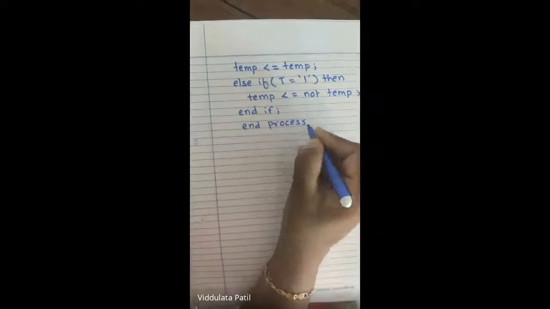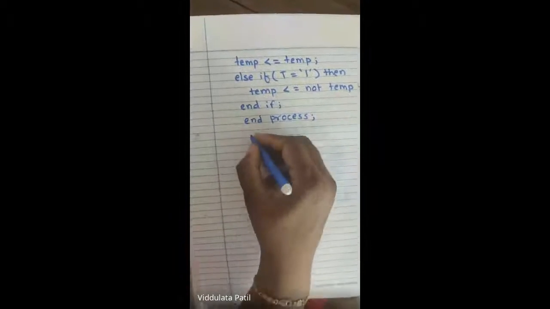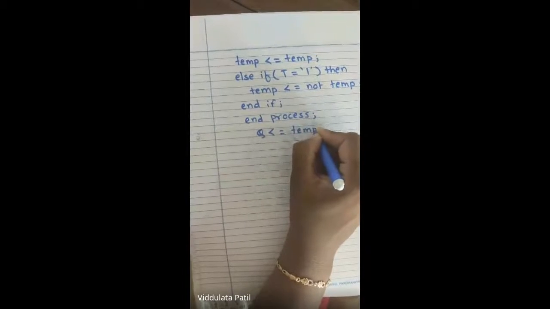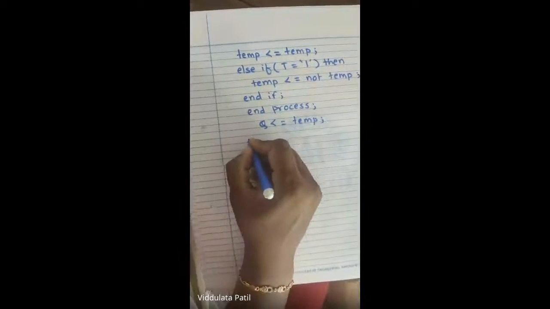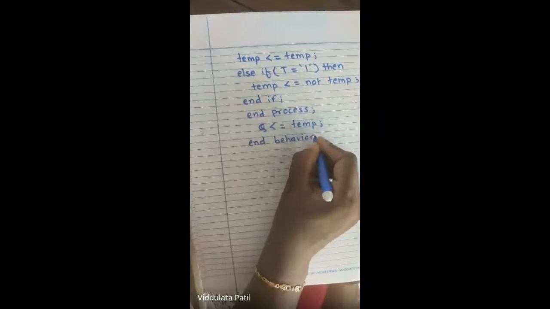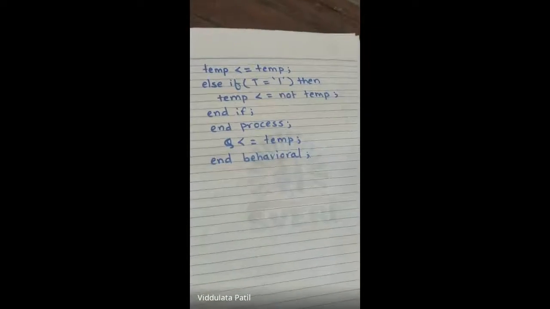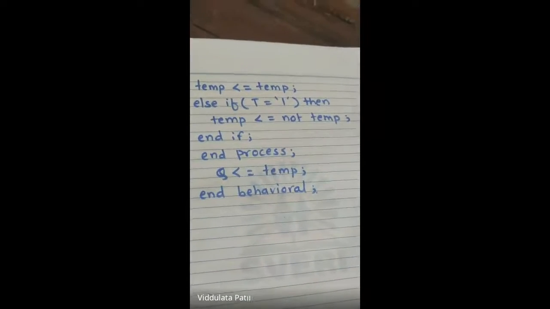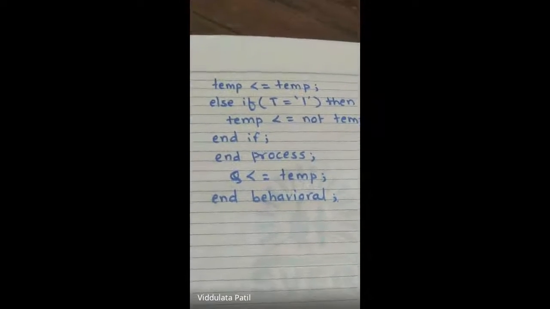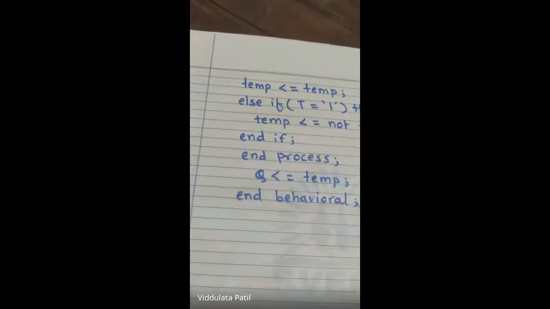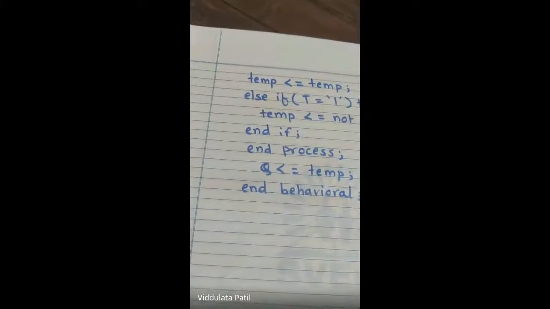Okay. And now outside of this process, we are going to assign q, that is to the value temp. And then end of this behavioral. Okay. So what we have done in this, we have taken one signal, that is temp, and if this clock is changing its value, then if t is equal to 0, then temp will be equal to temp only.